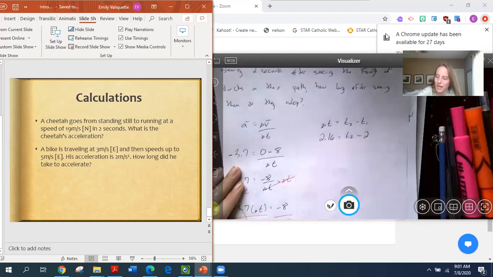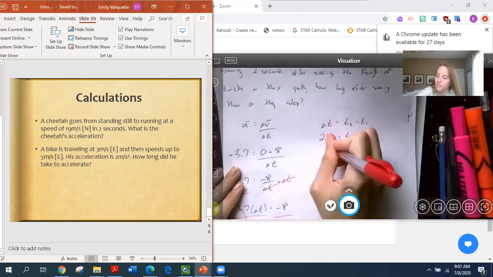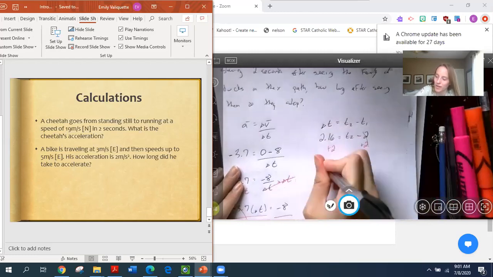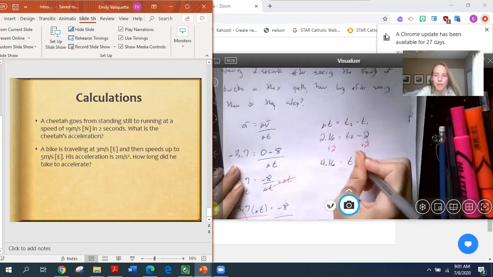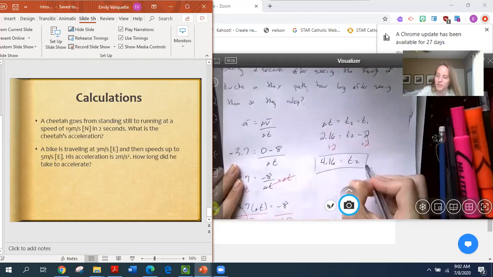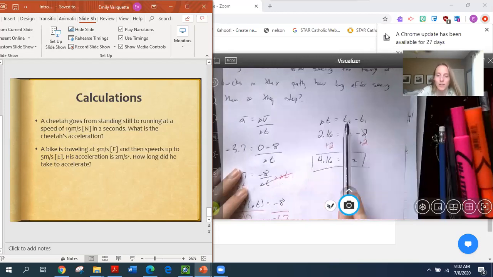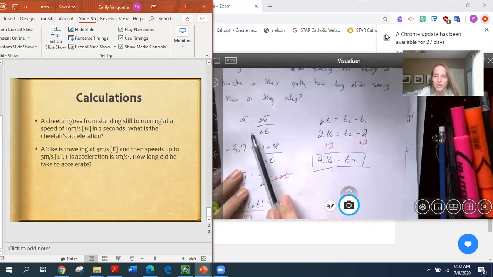And so in order to do that, I would add 2, 4.16 is my t2. Okay, so just remember, anytime you solve for a delta t, you're just doing the final minus the initial. I was given the initial, they start braking after 2 seconds. I solved for the delta t using my acceleration formula, and then I can just isolate for t2.